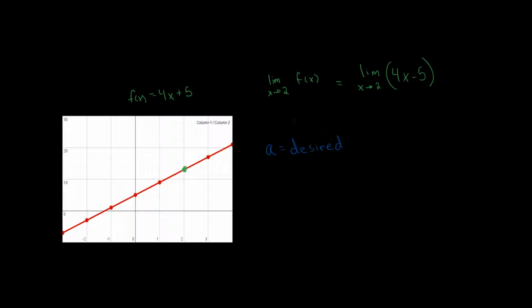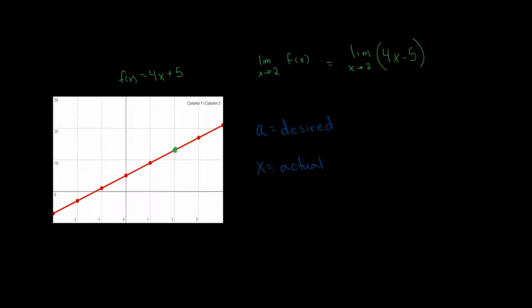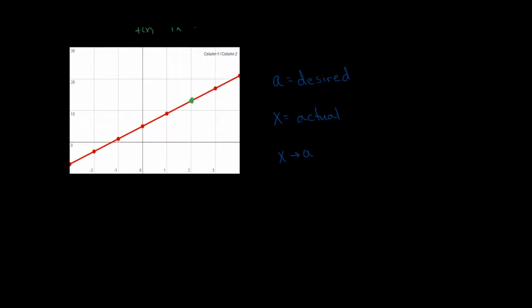Since we're trying to approach 2, our a value is 2, and x is the actual input. So for example, if we found the value at 3, our x value would be 3, but our a is still 2 because we're still trying to find the value at 2. Basically, we're going to see what happens as x approaches our desired value of a, which is in this case 2.